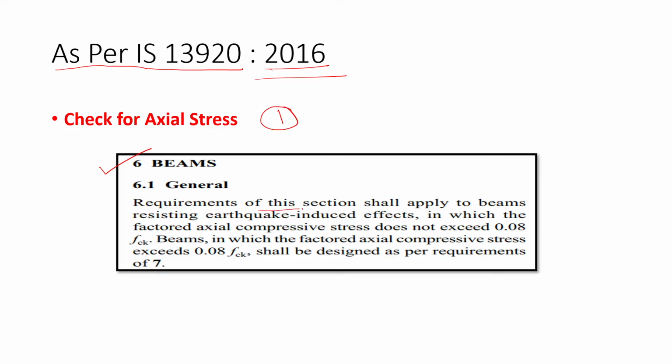The requirements of this section shall apply to beams resisting earthquake induced effects, in which the factored axial compressive force or stress does not exceed 0.08 fck. I will simplify this in our next slide. Let's complete this reading. Beams in which the factored axial compressive stress exceeds 0.08 fck shall be designed as per the requirement of clause 7. Let's see in which category we are coming.